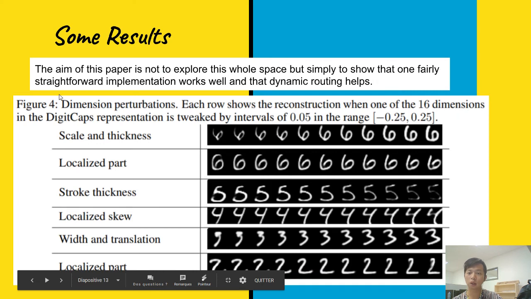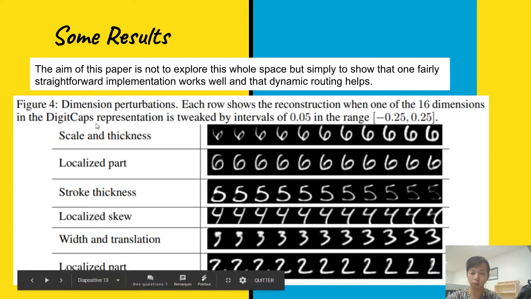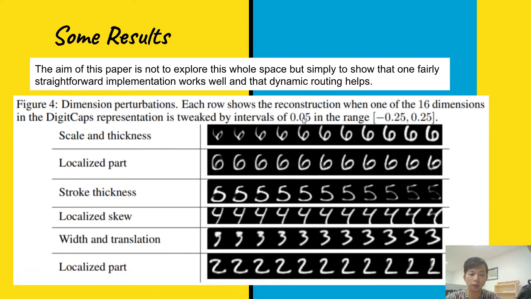So here are some results. Keep in mind that the aim of this paper is not to explore the whole space, just simply to show that one fairly straightforward implementation works well, and that dynamic routing helps. Here we can see some magic. They perturb each of the 16 dimensions by 0.05, testing 11 different values.